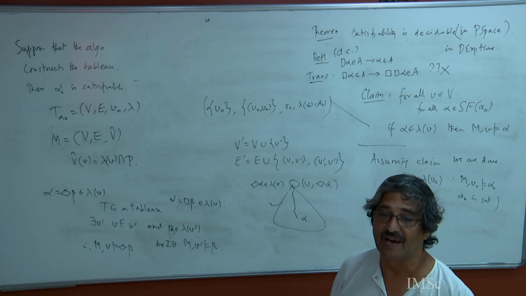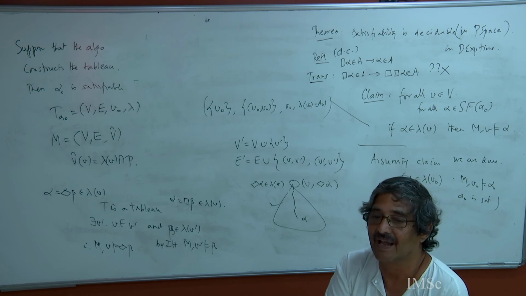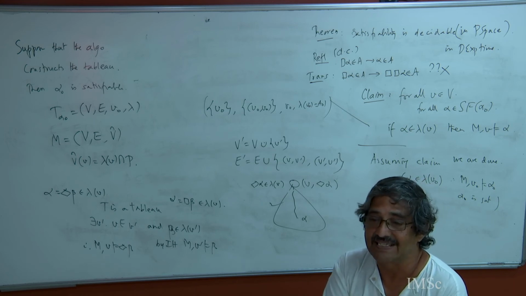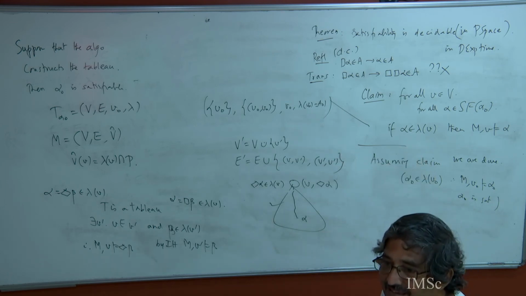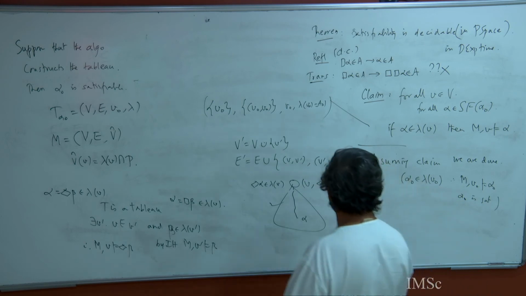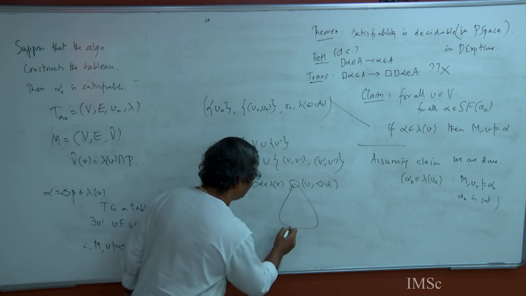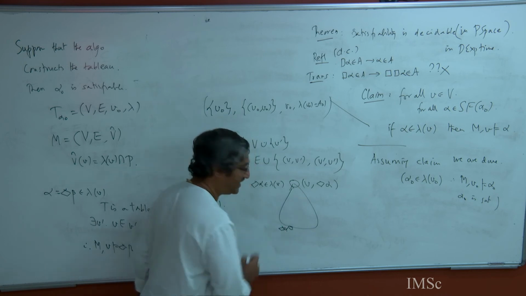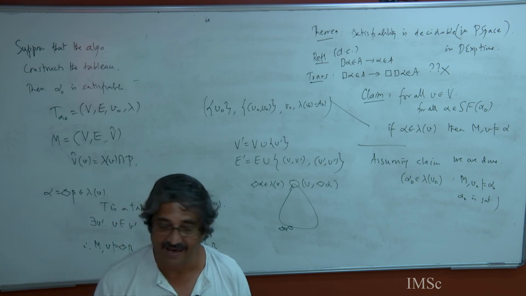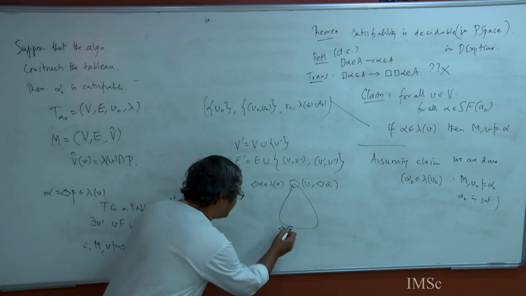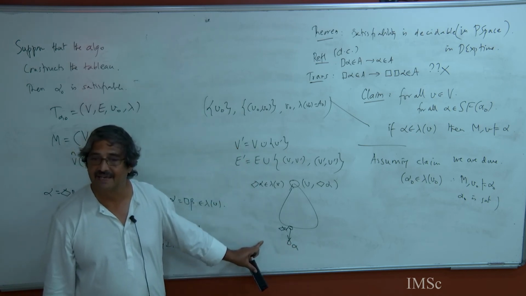So when should I call it a requirement and actually add an edge? What is very nice is that it suffices to add things at the leaf. When you are constructing the tree, pick a leaf node. If somewhere here there is diamond alpha at a leaf node of the tree, then I need to add an edge to this. Is this clear?